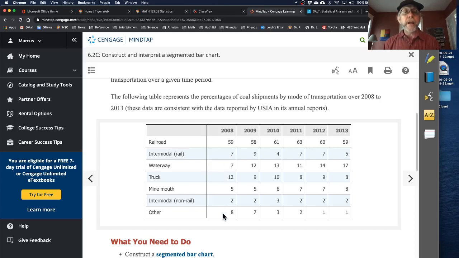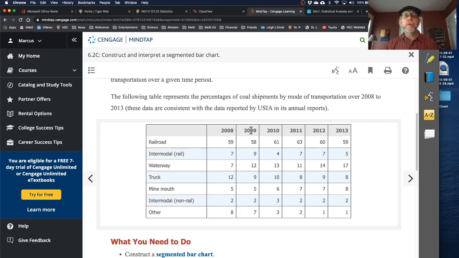And there's an other category here that would comprise all other possible modes of transportation. And if you add up the results in 2008, you'll find that that does add up to 100%. So we've really categorized all possible ways of transporting coal in this year by these various categories, with the other category kind of being a catch-all category.